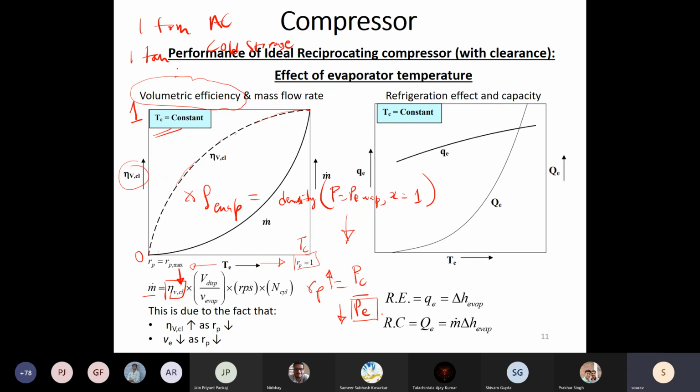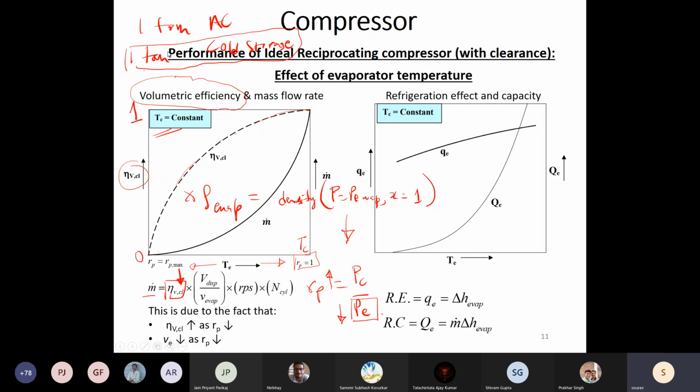The compressor for the 1 ton cold storage will be significantly larger than the 1 ton AC because it is maintaining a lower temperature and yet it has to deliver 1 ton capacity. So it has to deliver a sufficient amount of mass flow rate and refrigeration effect, so that the product of those two will give you the 1 ton.